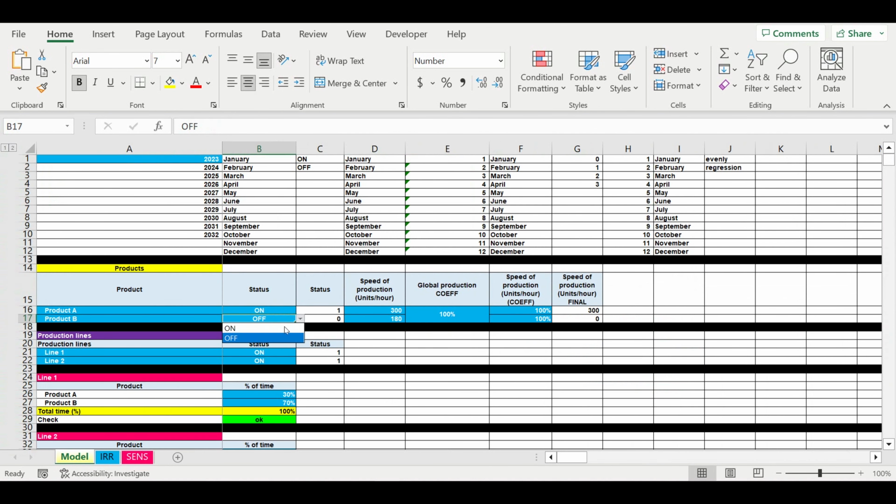Or for example, what will happen with our business idea if the global production coefficient is, for example, 50% of the basic value?